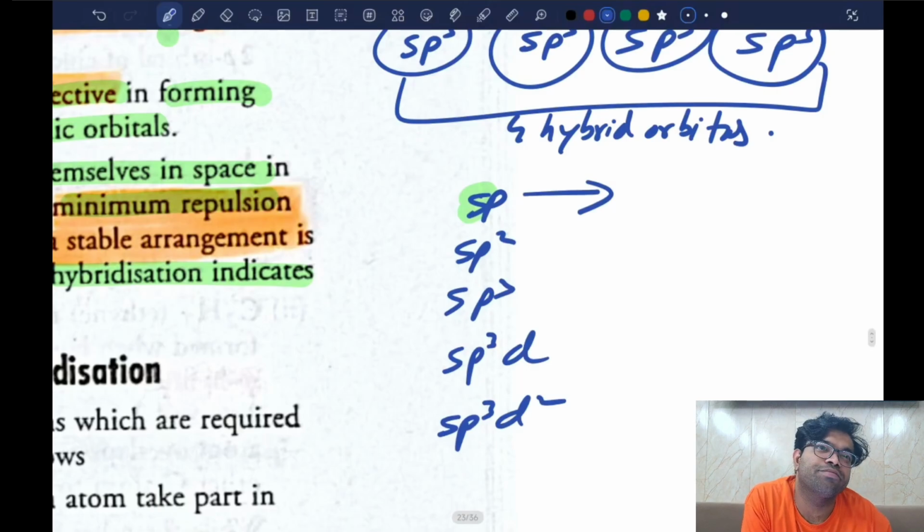For sp3d, depending on what type of arrangement you have, you can have either sp3d or dsp3, so you can have a trigonal bipyramidal or a square pyramidal structure, depending on what type of hybridization is actually occurring.